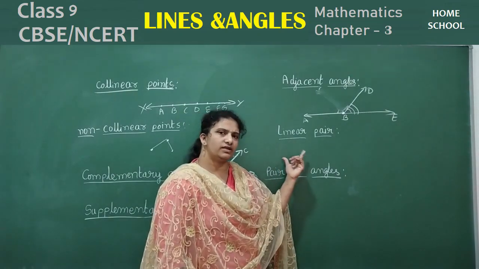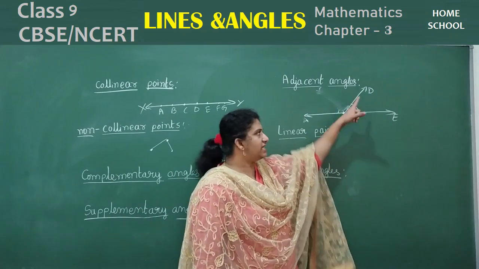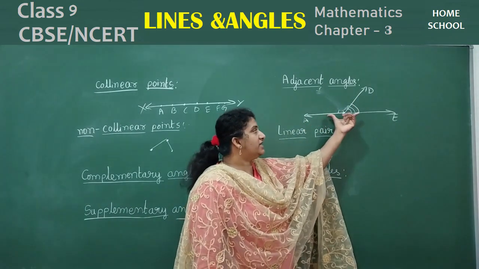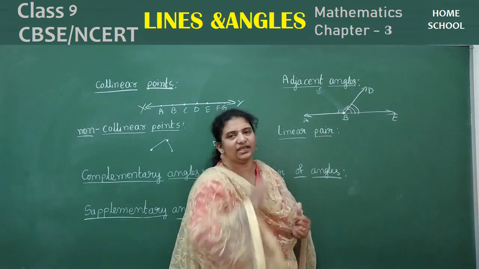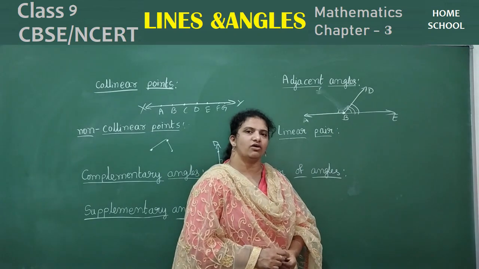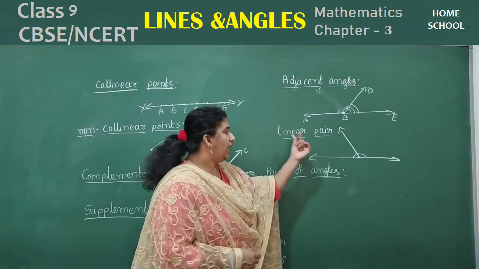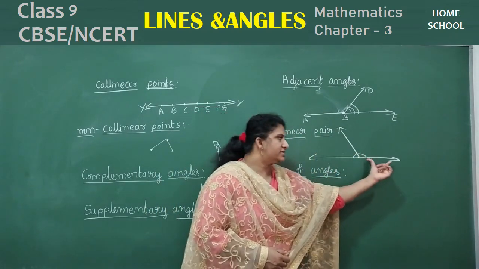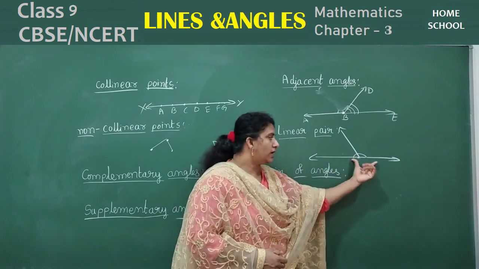What is this, children? Before we have seen these two are non-common arms and this is a common arm, right? Suppose if these two non-common arms make a straight line, then those two angles are called a linear pair. What is a linear pair here, children? This is one arm and this is one arm, these two are not common.